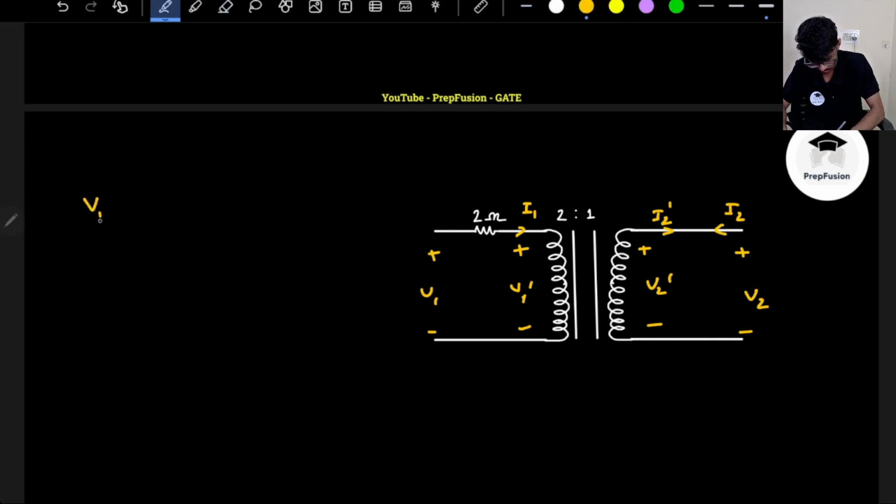V1 dash divided by V2 dash. So this is method 1, using basic transformer property.